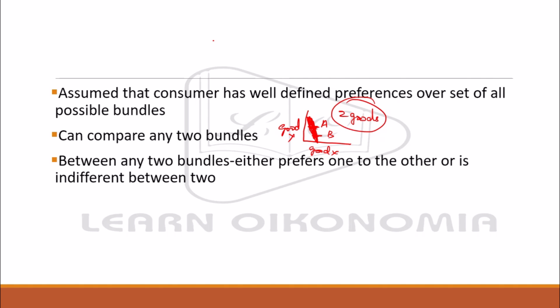So you can go for a comparison of the two bundles, and between any two bundles, the consumer would be preferring one to the other. Either he will be preferring A to B, or preferring B to A, or the consumer is indifferent between bundles A and B. So these are the possibilities that we have.